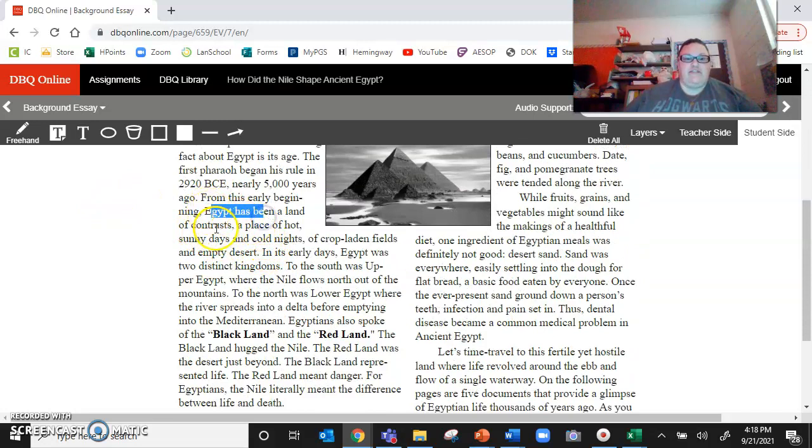Egypt has been a place of contrasts, a place of hot, sunny days and cold nights, of crop-laden fields and empty deserts. In its early days, Egypt was 2 distinct kingdoms. To the south was Upper Egypt, where the Nile flows north out of the mountains. To the north was Lower Egypt, where the river spreads into a delta before emptying into the Mediterranean.